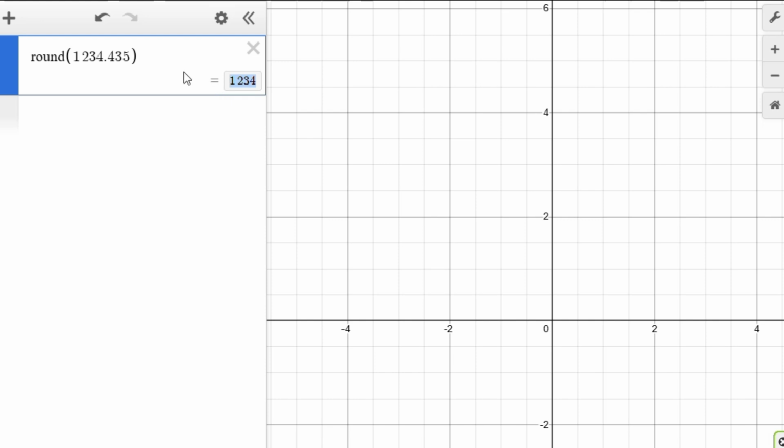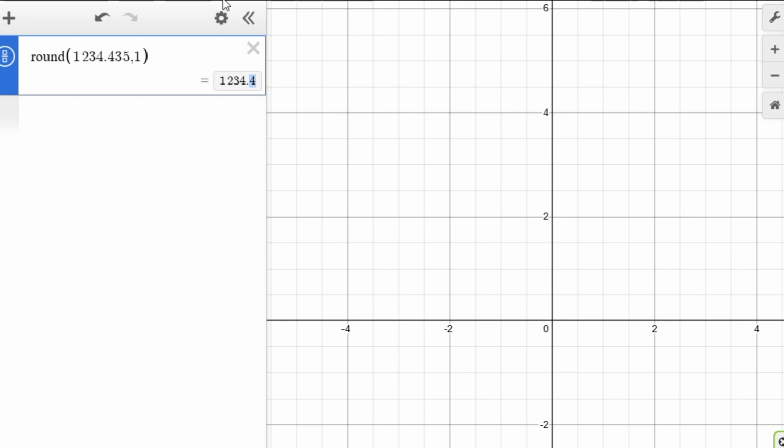But what if you needed to round to the nearest tenth? In this case, after you wrote your number, you would put a comma, and then because you need to round it to tenths, you would just put one. And after I do that, it will give me our number rounded to the tenth. But what if you need to round it to the nearest hundreds?